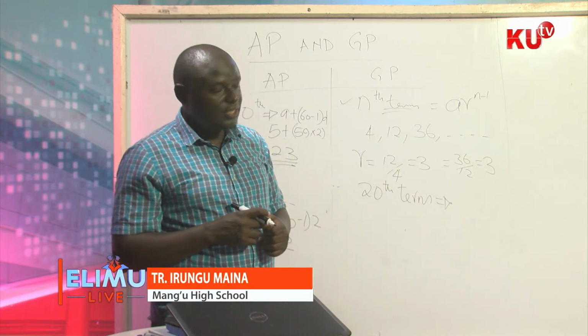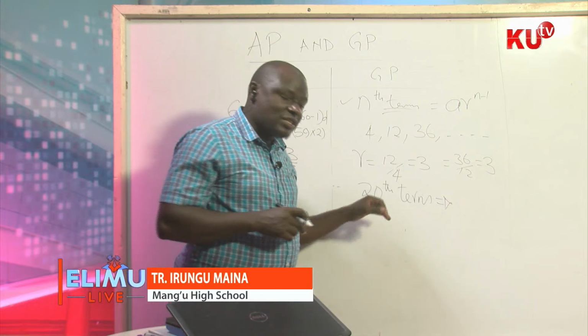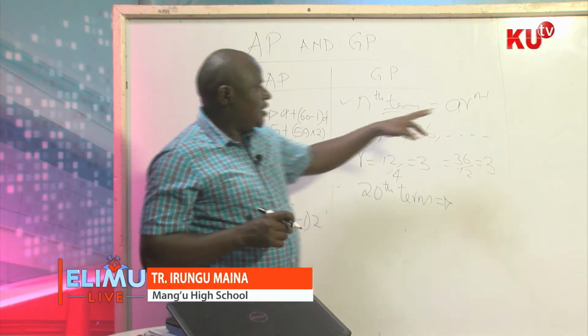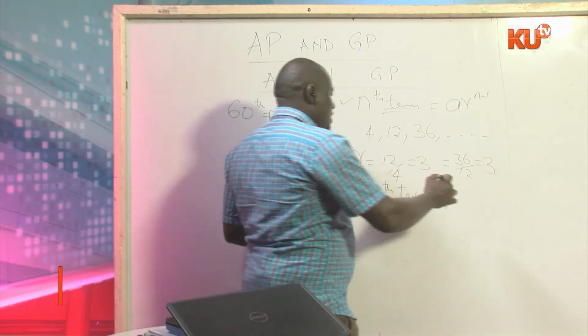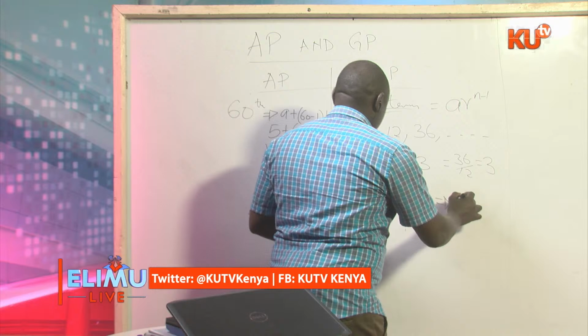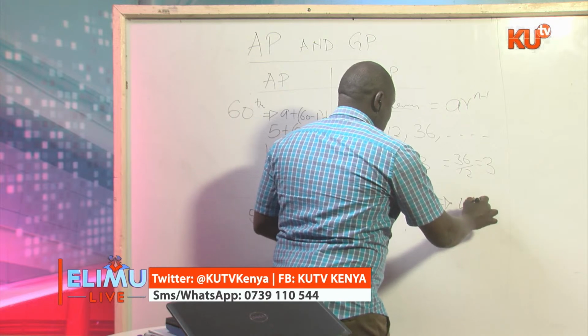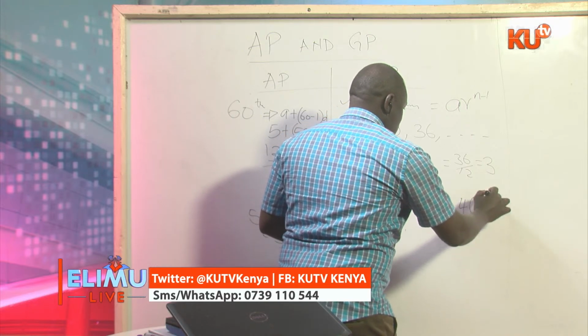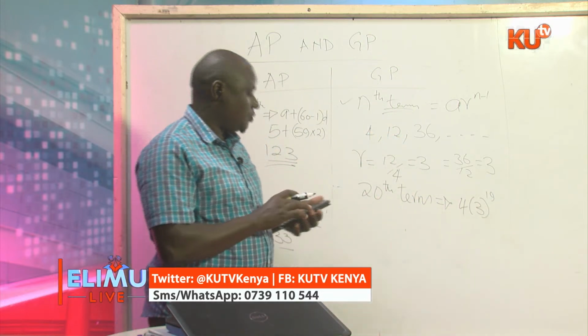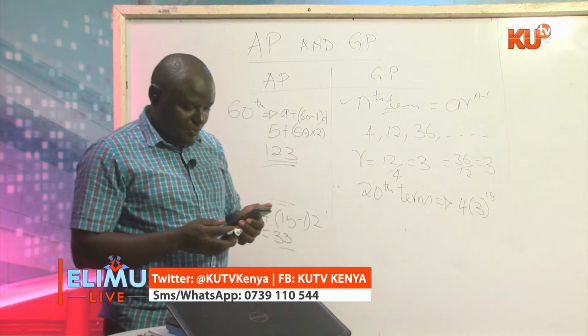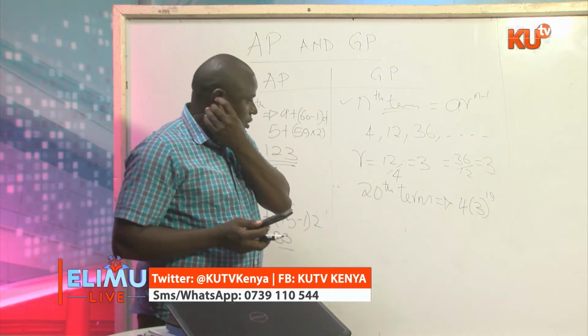So if we are talking about the 20th term, 20 minus 1 gives us 19. So our 20th term will be A, which is 4, multiplied by R, which is 3, raised to power 19. That gives us the 20th term of that particular GP.